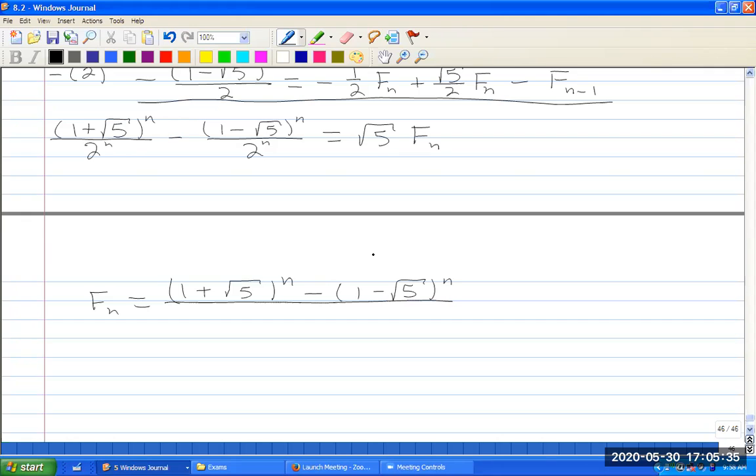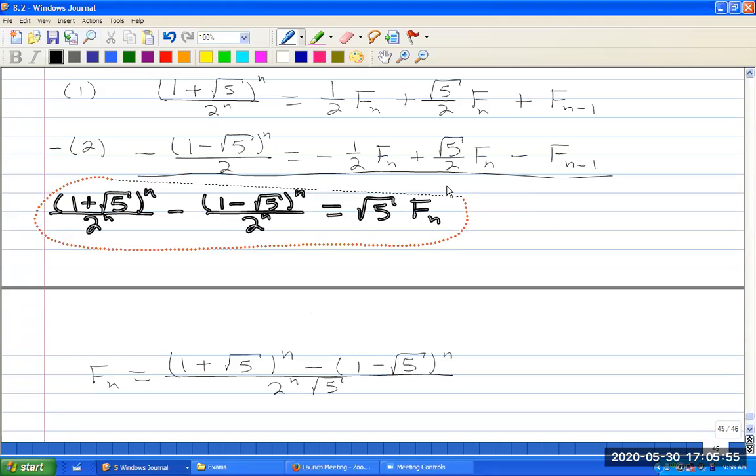But I also had to divide by rad 5 to solve for this. So, all over rad 5. And that's what you wanted to show. Pity I couldn't do it all in one line.